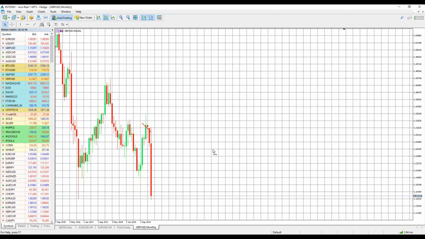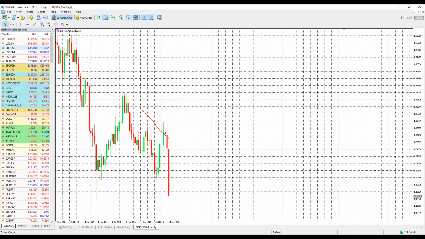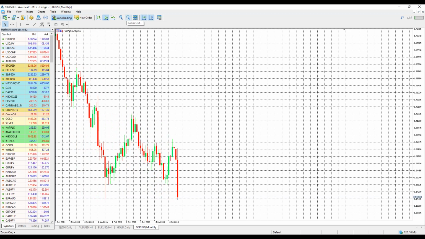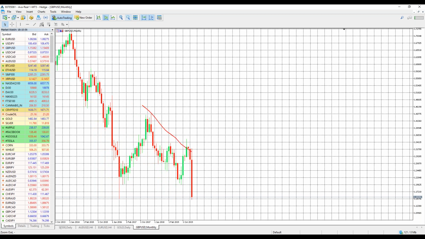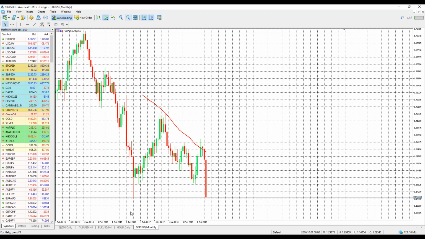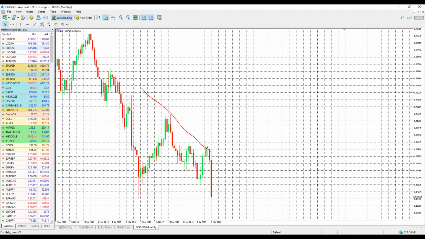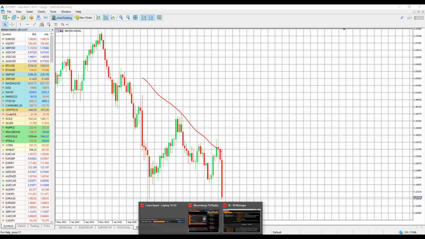Let me just bring this chart a little bit on this side. Obviously, the system is incredibly slow, and there's nothing we can do about that.